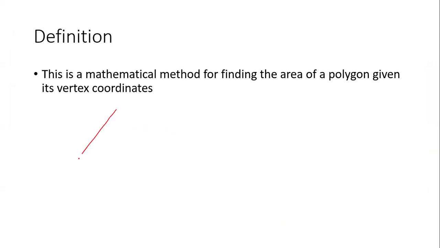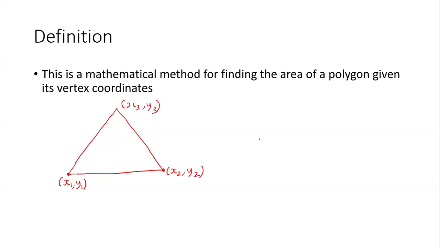Take an example. If this is our polygon and this is our triangle, assume that this is one of our vertices, and this one is x1, y1. This is x2, y2, and this is x3, y3.